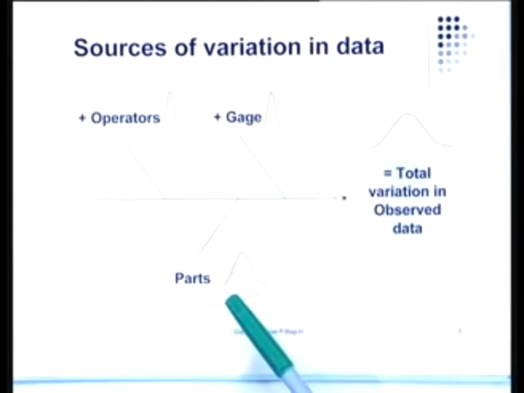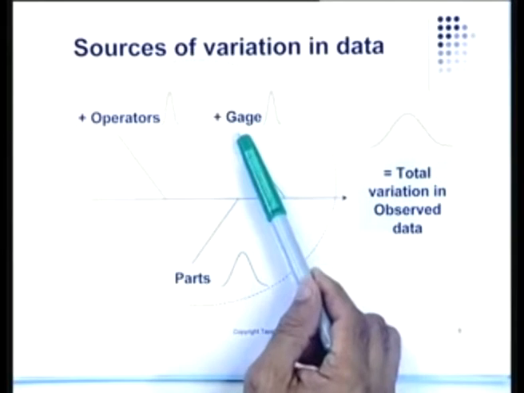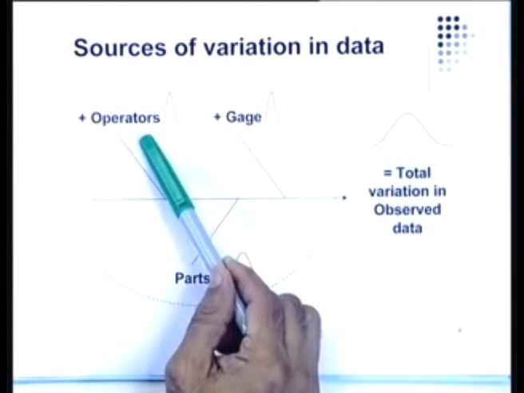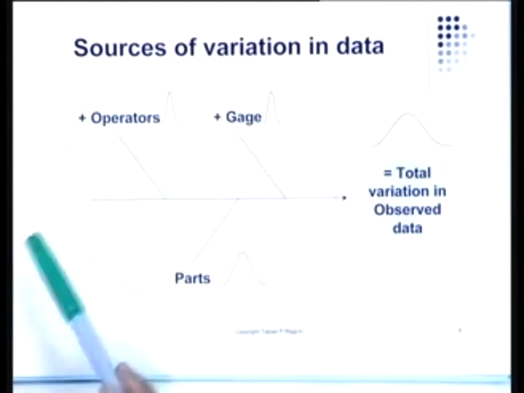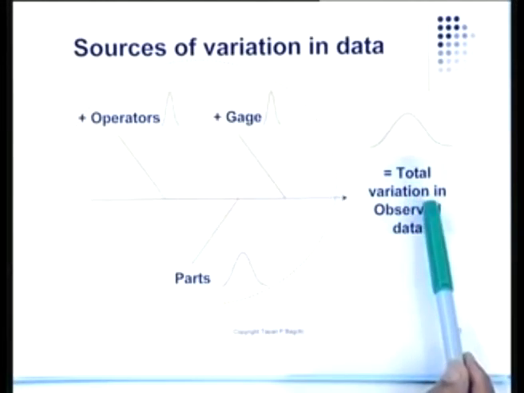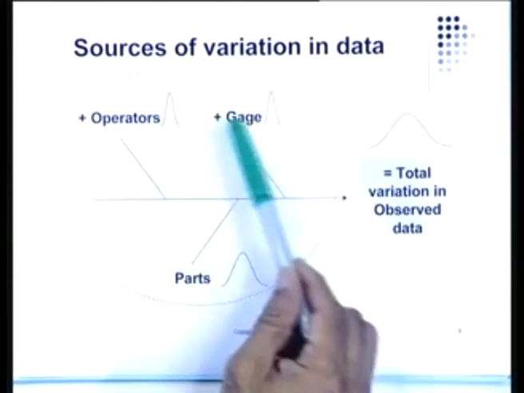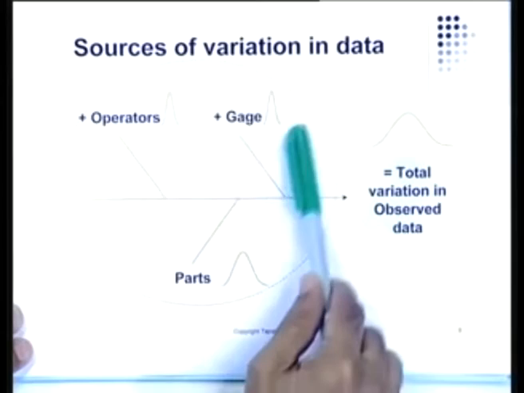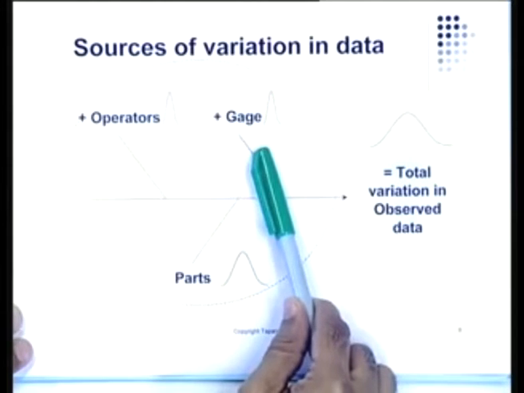But what happens in the real world? I am using a real gauge which has got some repeatability problem. I've also got a bunch of operators, they are contributing their reproducibility variance. So what I observe there is partly due to this, and of course then I've got this true part to part variation also there. Right now I'm going to tell you how to get an estimate of this. This is the issue of repeatability.